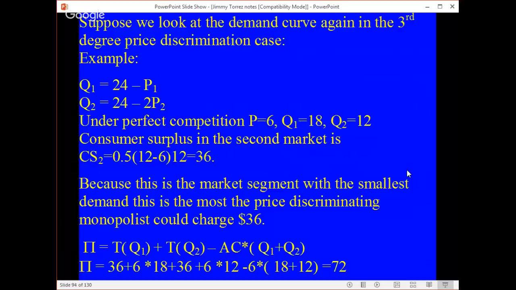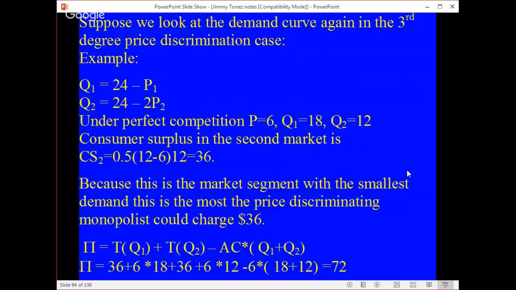Now, in this case, the consumer surplus of group 2, which has the more elastic or inelastic demand? They have more elastic demand, so I'll get both groups here, because the market segment with the smallest demand is the most price discriminating. The monopolist charges $36 and I get both people.